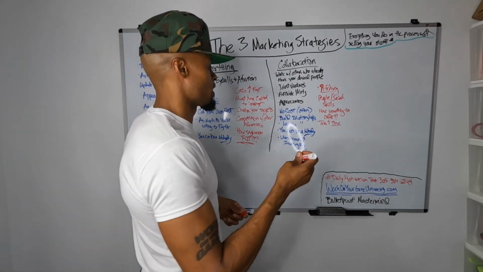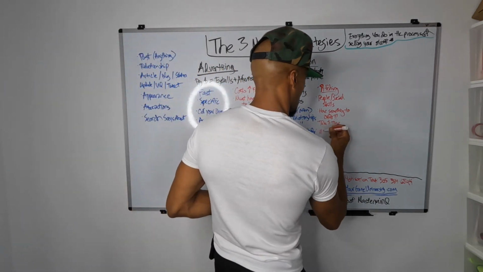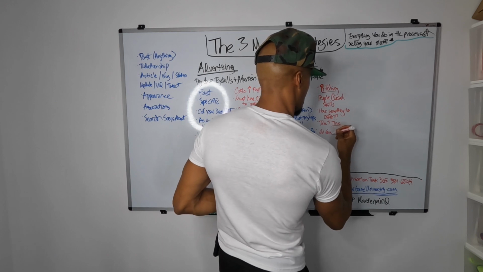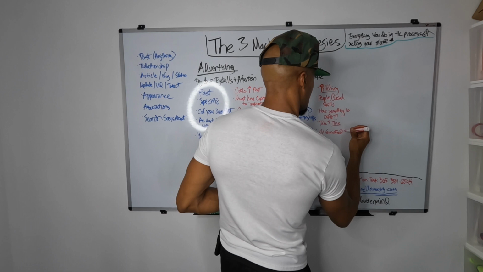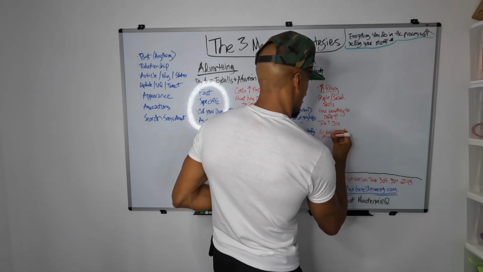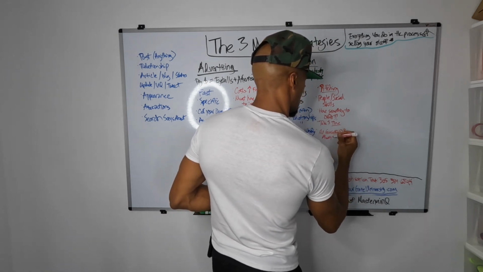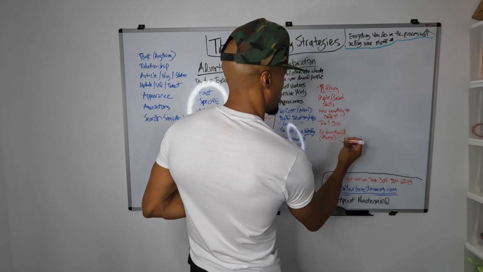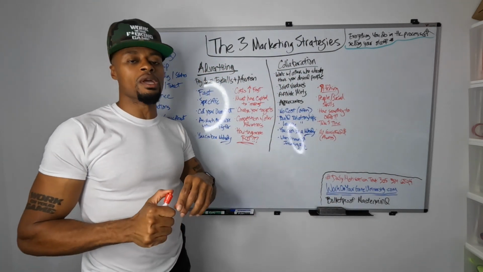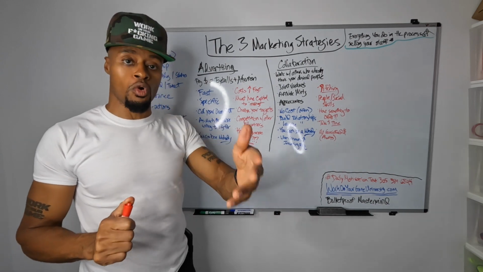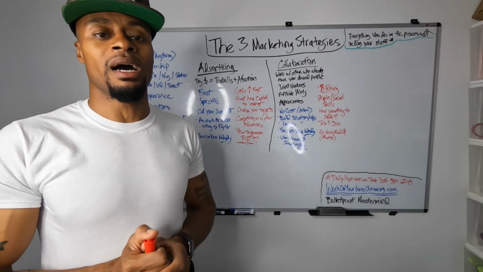And also another thing about collaborations is there is no guaranteed money, always. It depends on how you do it. It's not always guaranteed money. So if you appear on somebody's show and you know you're going to offer the audience your course, there's no guarantee anybody's going to buy it.